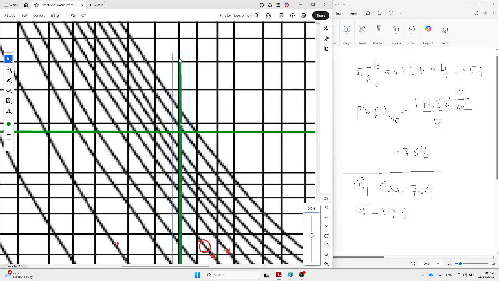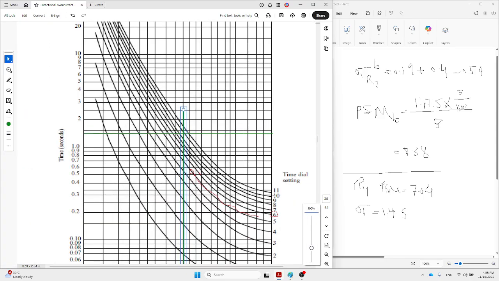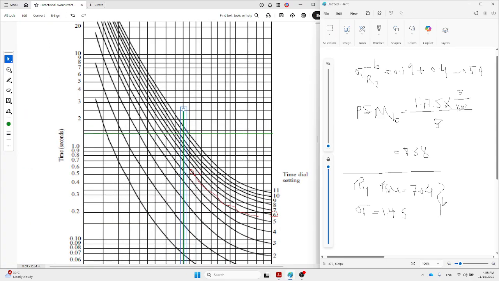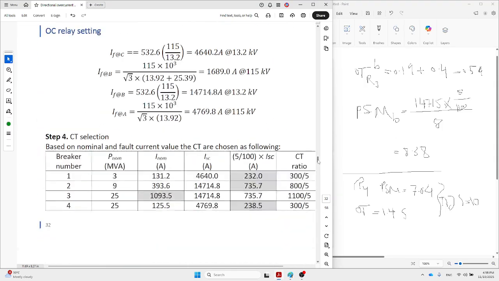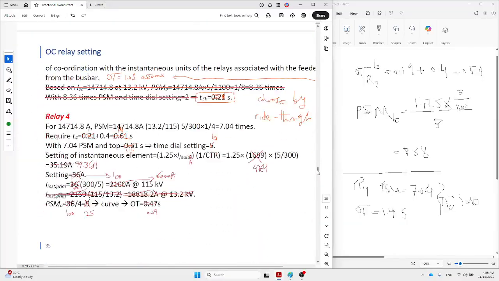As you can see, it's already less than that. So we can choose 10. For this one, the TDS can be selected as 10. Let's go back to the slide. Okay, so this one also is selected as 10.